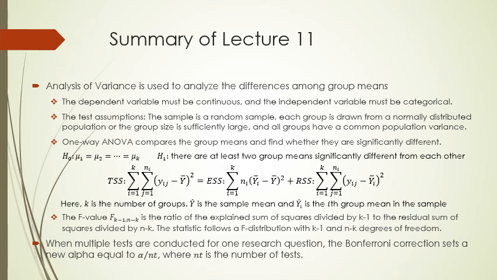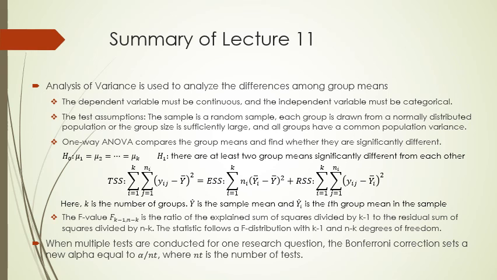The F-value is the ratio of the explained sum of squares divided by k-1 to the residual sum of squares divided by n-k. The statistic follows an F-distribution with k-1 and n-k degrees of freedom.